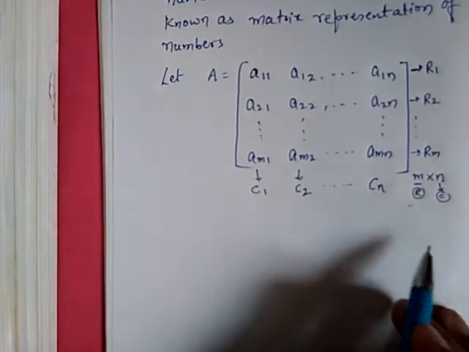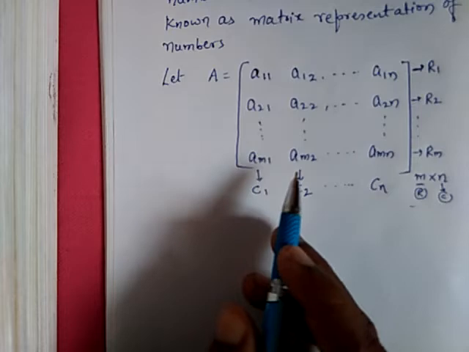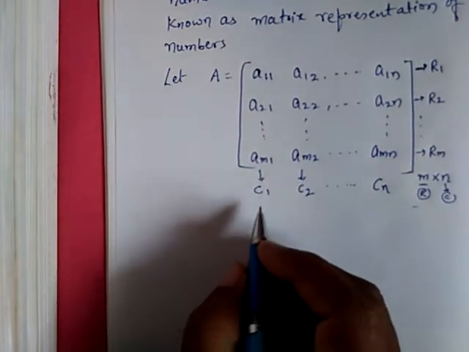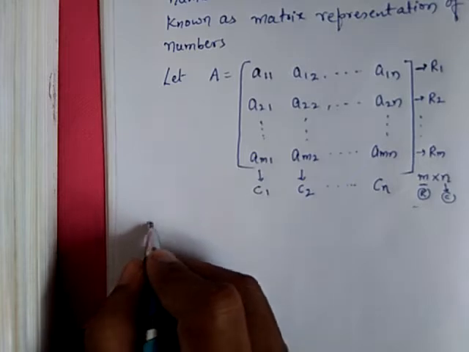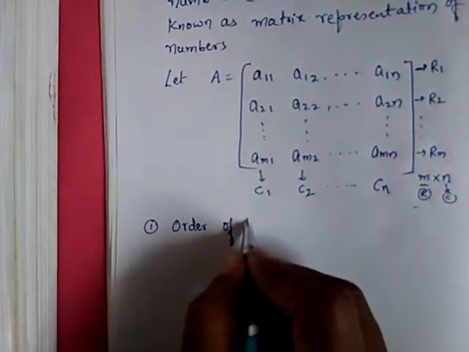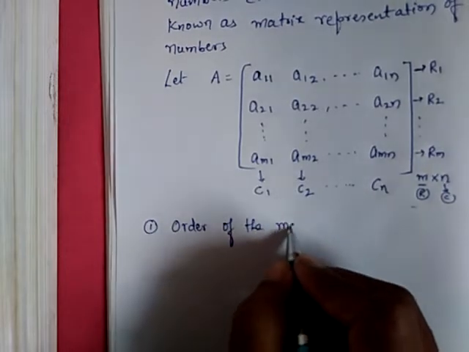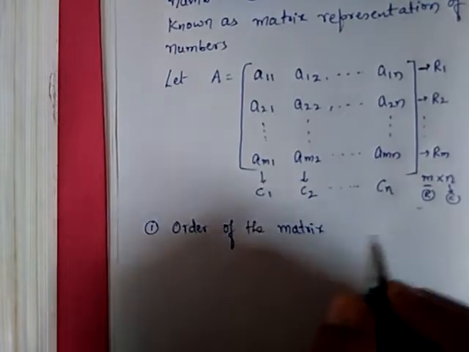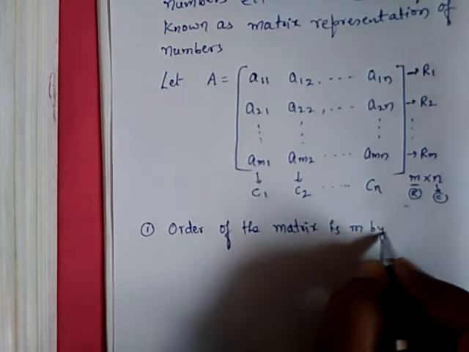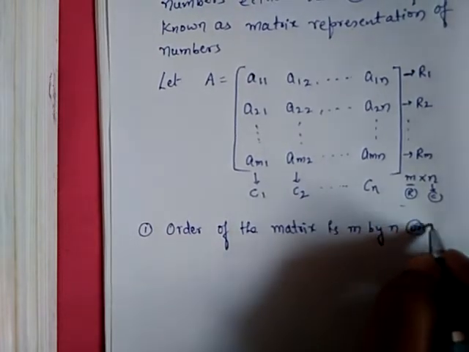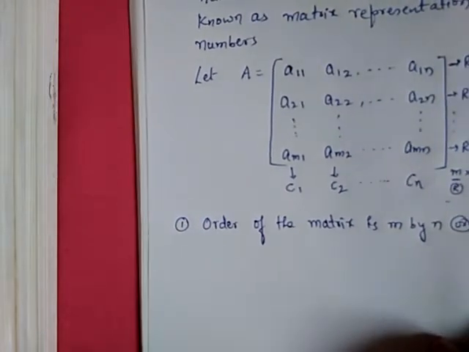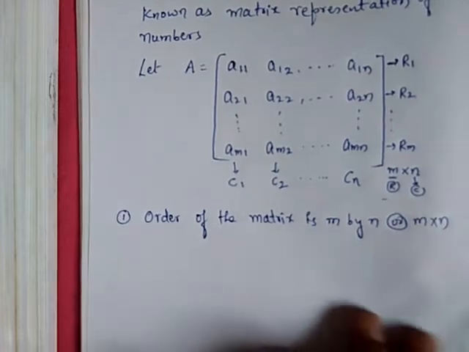Okay, so now by giving this general representation of matrix, I can say the first point: the order of the matrix A is m by n, or you can say m into n, both are fine.